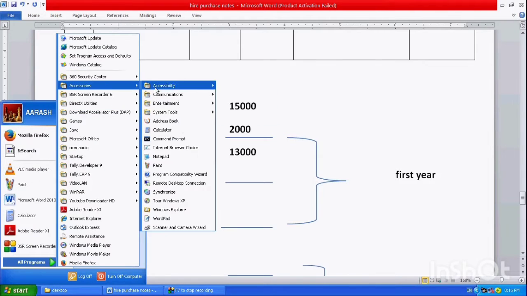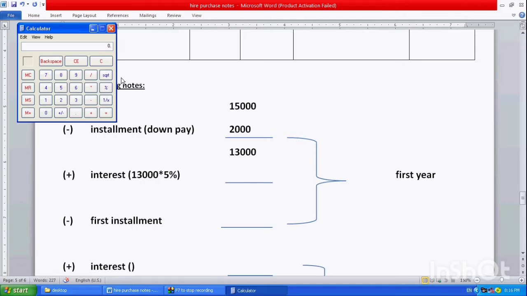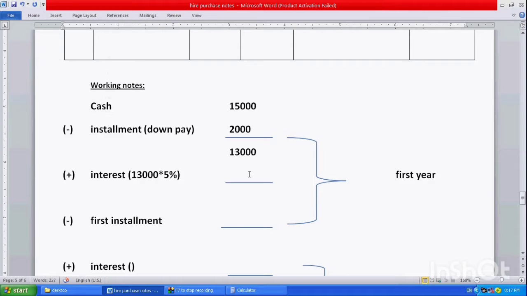I'll show you in the calculator. 13,000 into 5% gives 650. So add this 650 to 13,000, and overall we get 13,650.